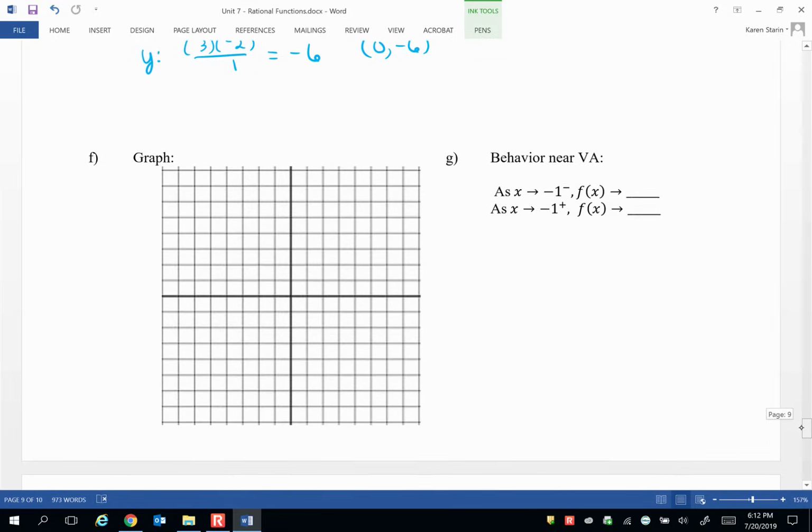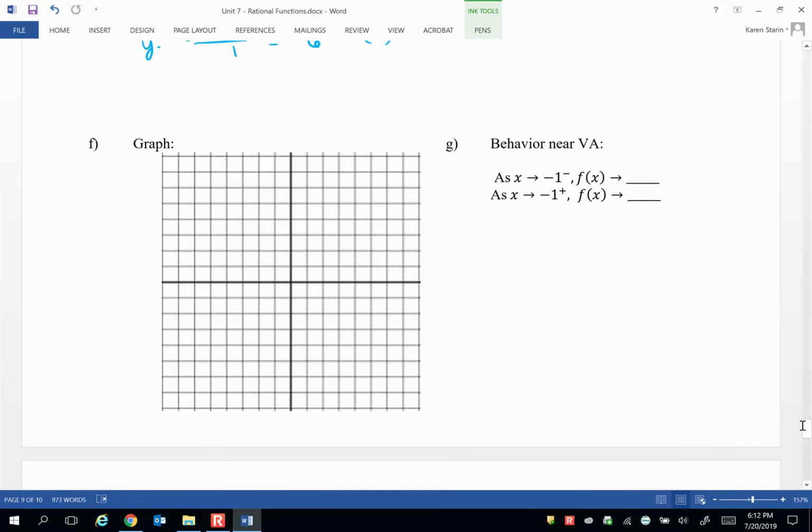So again, you'll have to look at your notes while I scroll down on the screen. Now I have a vertical asymptote at x equals negative 1. I also have an oblique asymptote, y equals x, so I'll try to sketch that pretty accurately.